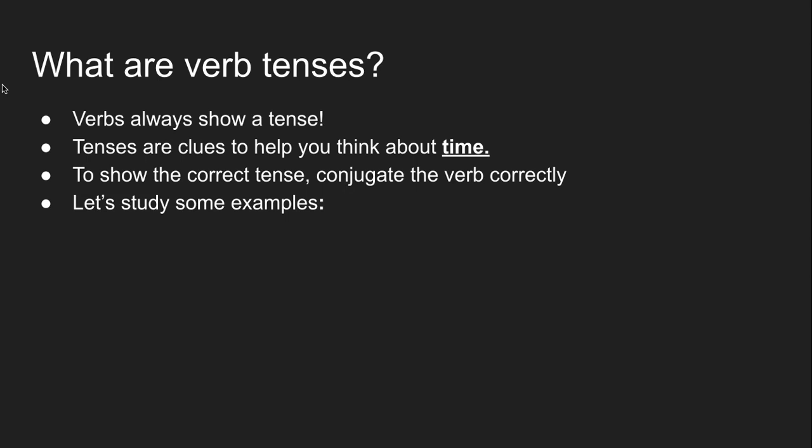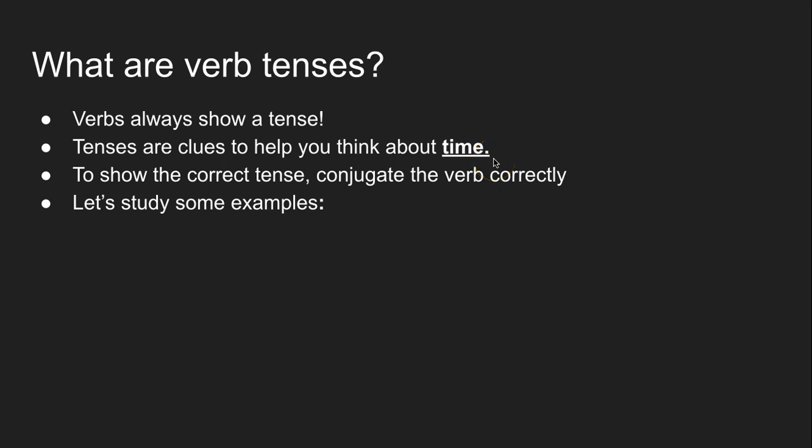We know that the verb in the sentence gives us information. Well, one piece of information that the verb shows is the tense, the verb tense. And the verb tense means clues, information to help us understand the time that the action happened, or the time that we are talking about when we share the state or being, the condition of a noun.